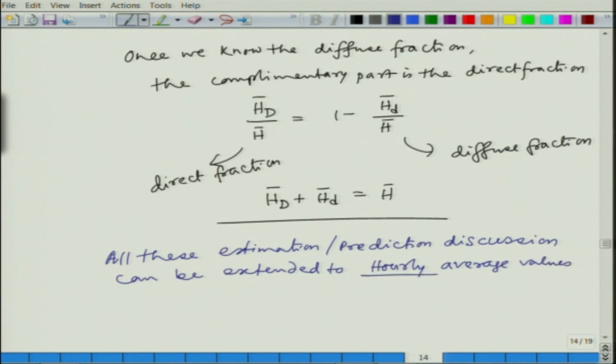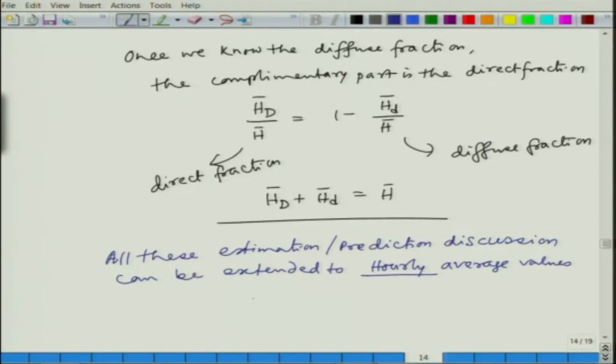What do we mean by hourly values? Often we want to know for a particular day how the radiation is distributed over individual hours. It is not always that we want to know only the total radiation available for the whole day. We often need to break it down into hourly values, and this we designate with I.